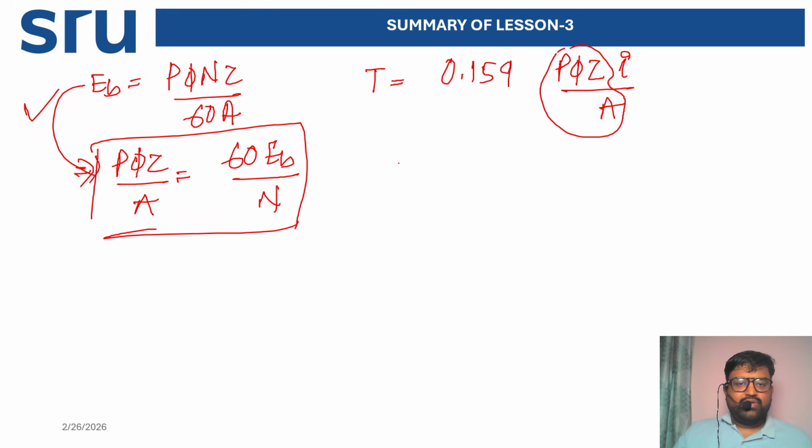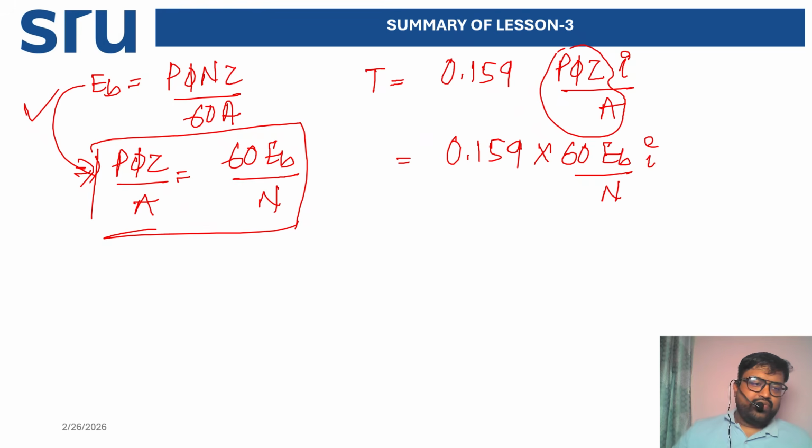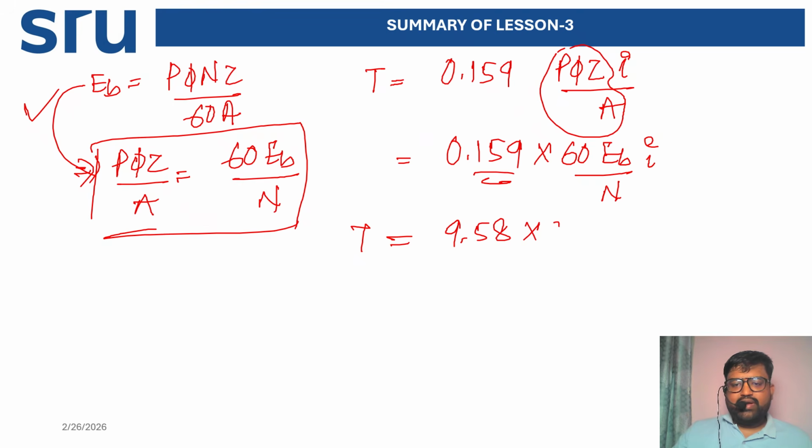Now it comes as 0.159 into, in place of P phi Z by A, 60 into EB by N into I. If I solve the equation again, multiplying 0.159 into 60, the torque equation becomes 9.58 into EB into I by N. You can say Ia.